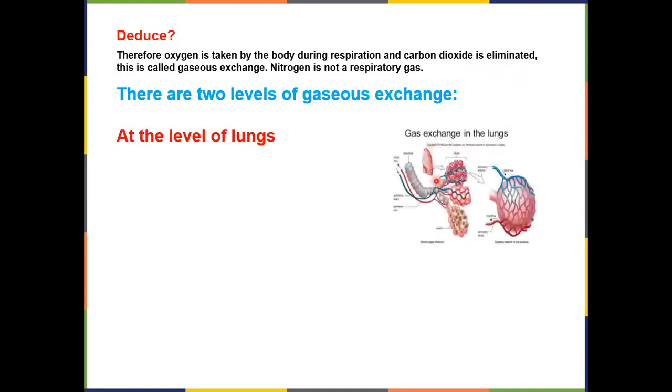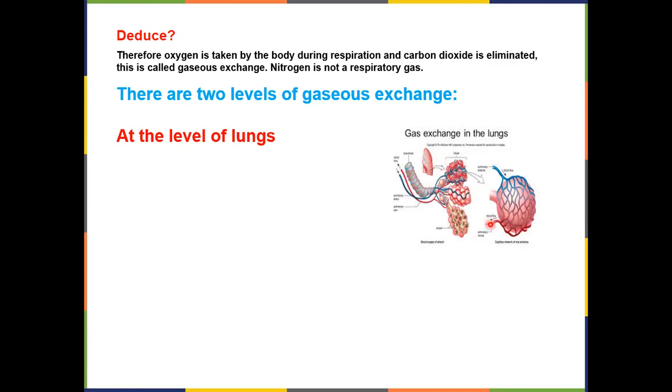look at the structure of the alveolus. This is the bronchiole and the alveolar sac that are well irrigated by blood capillaries in order to ensure the exchange between the alveolus and the blood.